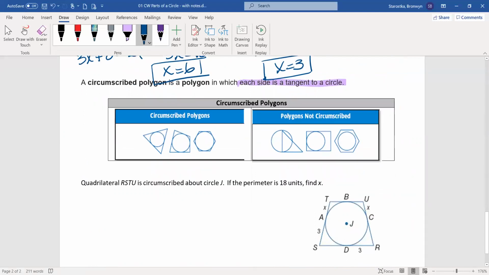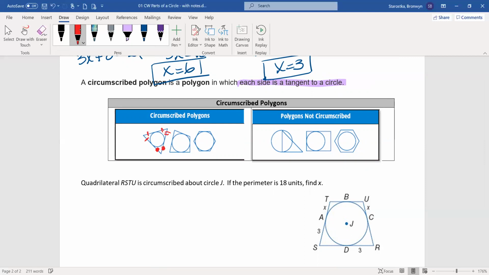So you would know that each one of those line segments was tangent. And not only would you know that each segment is tangent, but you'd also know that this segment equals that segment. You would know this segment equals that segment, and you'd know that this segment equals that segment.